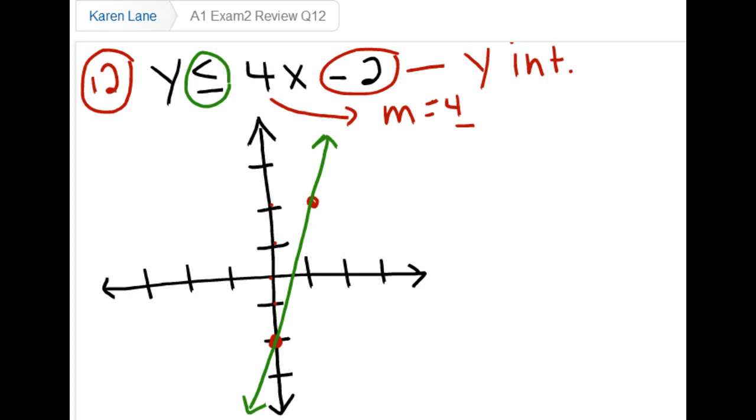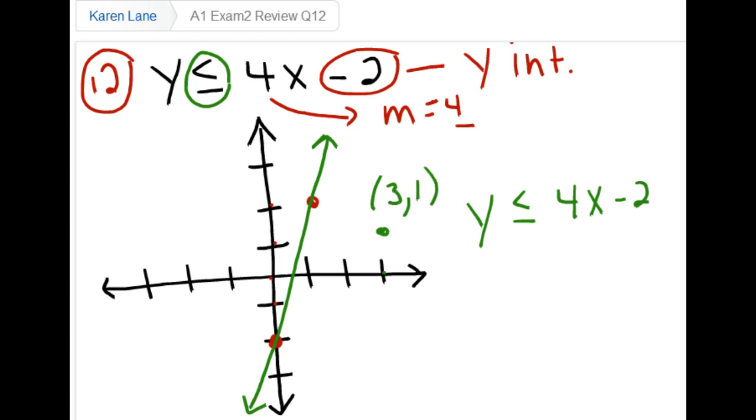Okay, now we want to choose a test point that's on one side of the line or the other. So I'm going to choose this point right here, 1, 2, 3, 1. I'm going to test it in the inequality. So this is the point 3, 1.